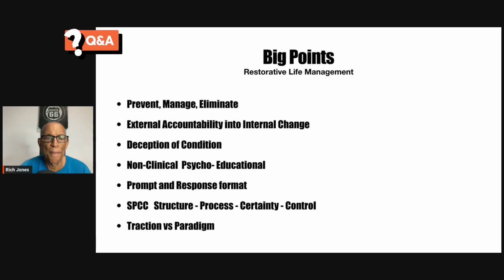I want to talk about the SPCC: structure, process, certainty, control. Restorative life management works on building a structure, implementing process, and having that process create certainty. In other words, seeing the process being built, planned, and then seeing as it works will create certainty.